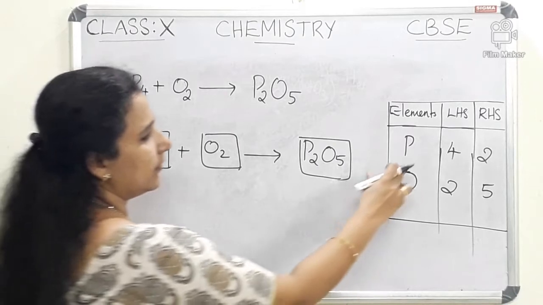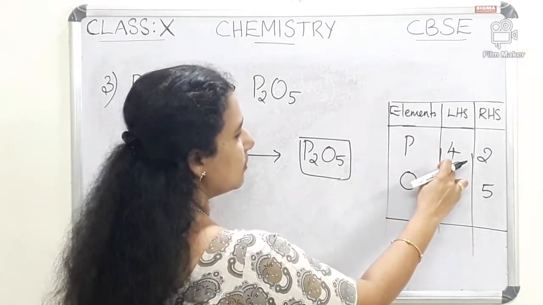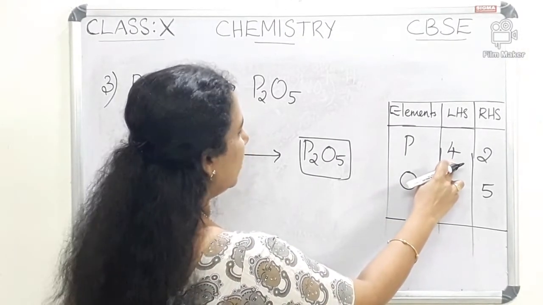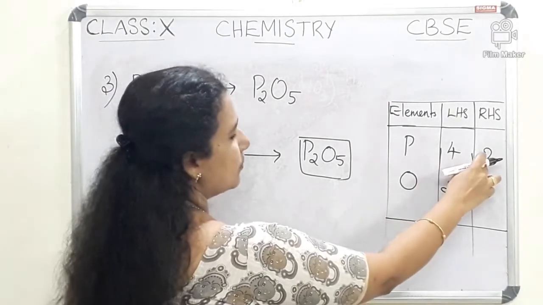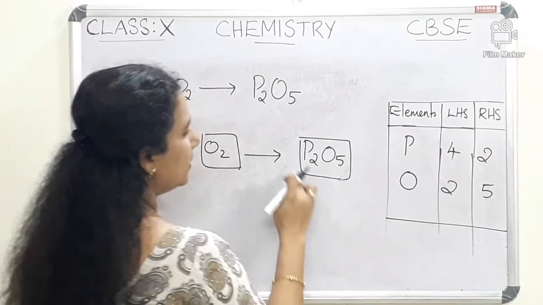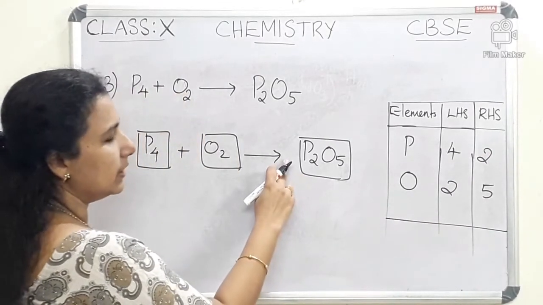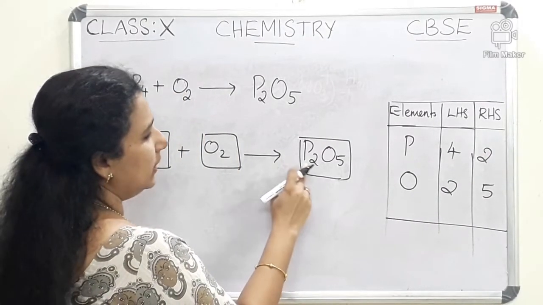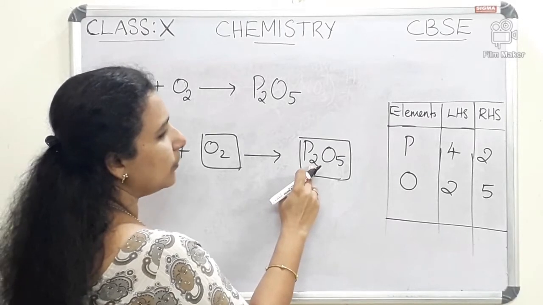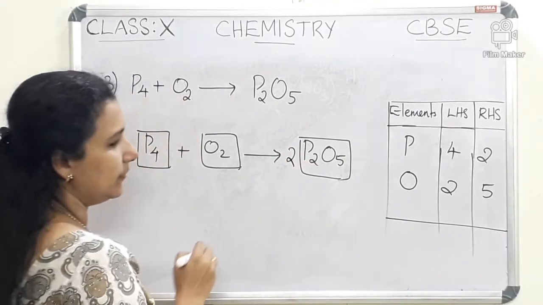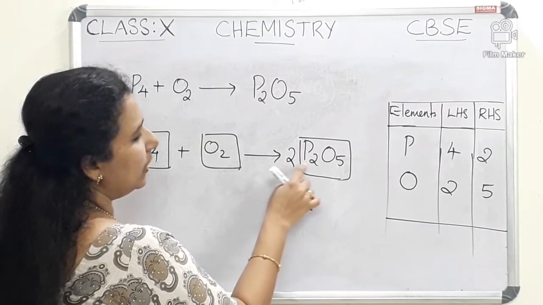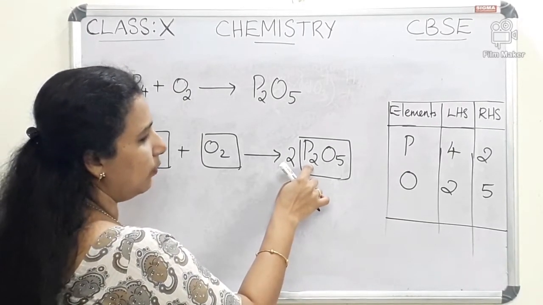So in order to make the number of phosphorus atoms the same, RHS should be 4. So for that we have to add the coefficient in the RHS. So if we need 4 phosphorus atoms, we can add 2 as a coefficient, since 2 into 2 gives 4.